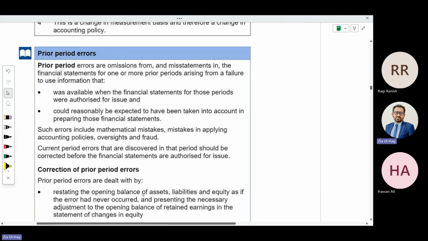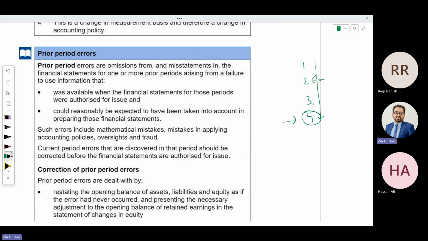Now let's talk about prior period errors. Suppose from year 1, 2, 3, 4, we are currently in year 4. We were preparing financial statements for the last 4 years, but here we realized there was an error in the financial statements of year 2. And due to that error, year 2 financial statements' closing figures were inaccurate.